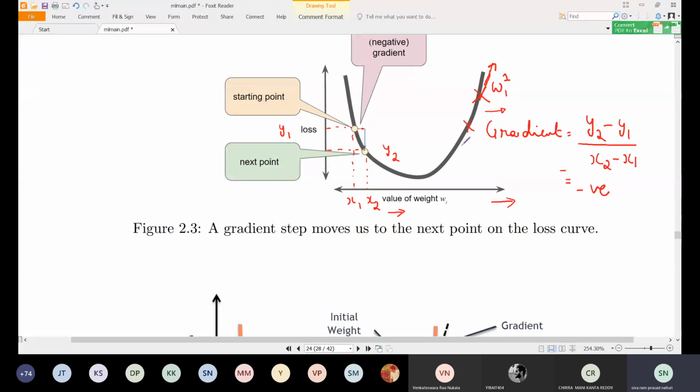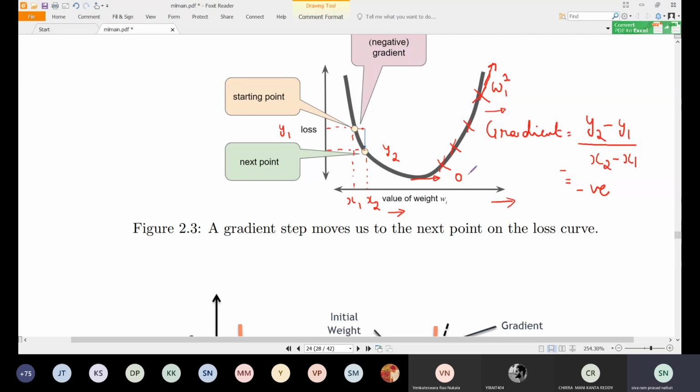Again the gradient is positive, so you should decrease the weight. Again the gradient is positive, decrease the weight until the gradient is, what is the gradient value here? When there is a change in x, there is no change in y. So gradient is 0.